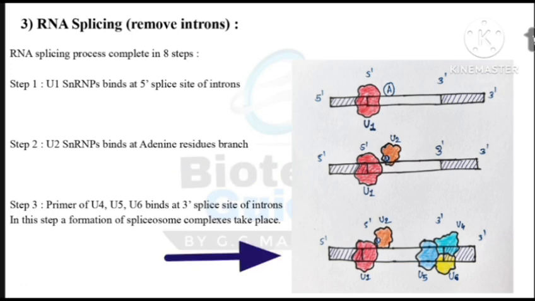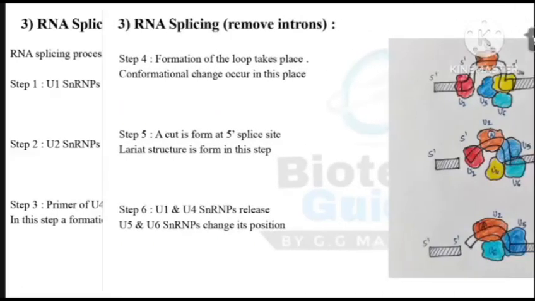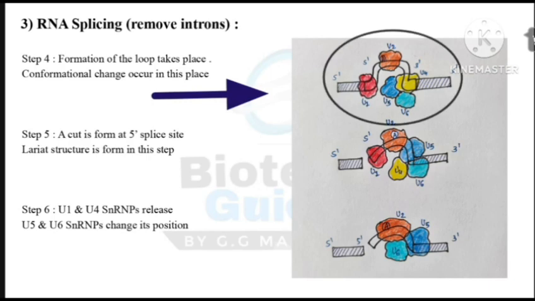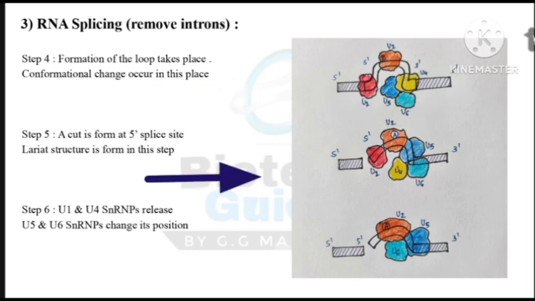Then the U4, U5 and U6 trimer binds at the 3' splice site of the intron, and in this step the spliceosome complex forms. You can see it here. After that, loop formation occurs and a conformational change takes place. Then a cut is made at the 5' splice site and a structure is formed which is defined as a lariat structure.